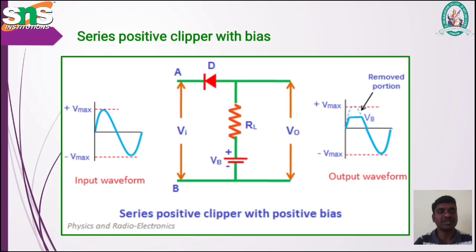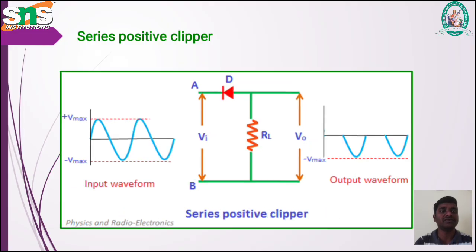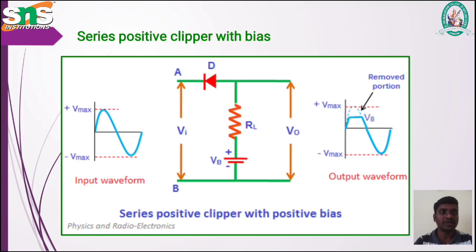Next, the series positive clipper with bias. This is without bias: we are only using the resistance, the load resistance and the diode, and we get this kind of output. Then if you use bias, we connect a battery, VB, with the resistance. The positive terminal is connected to the resistance, and the negative is connected to the input and output signal terminal.